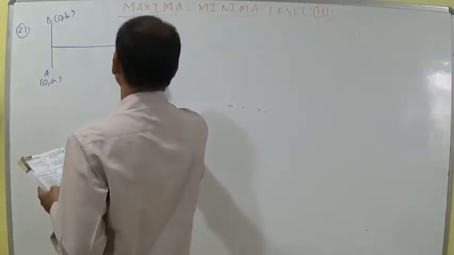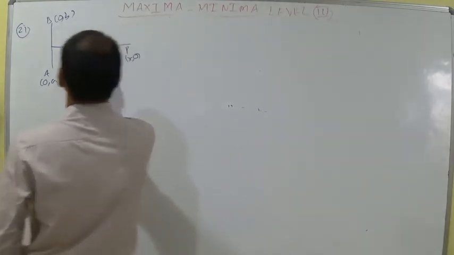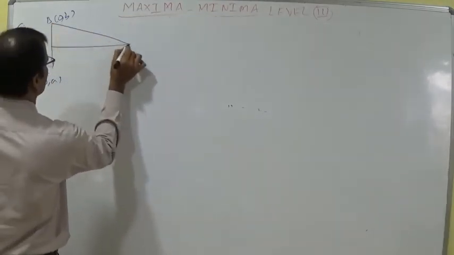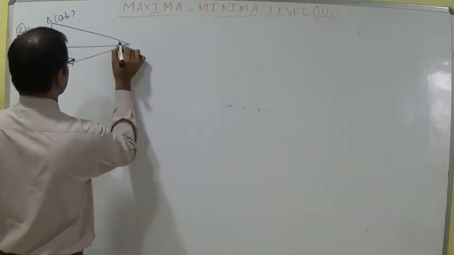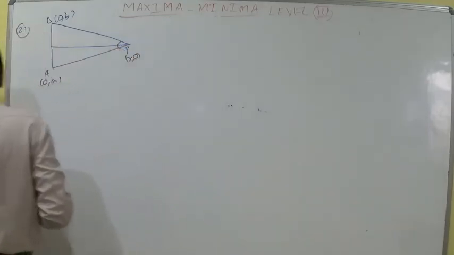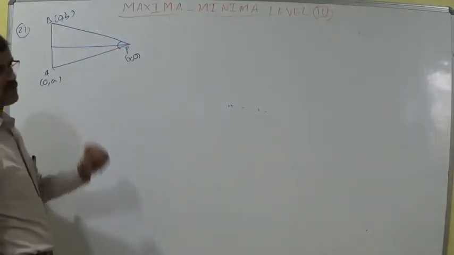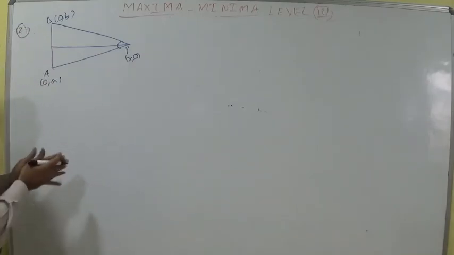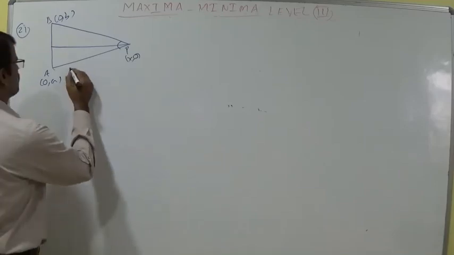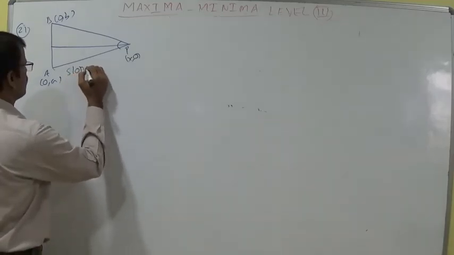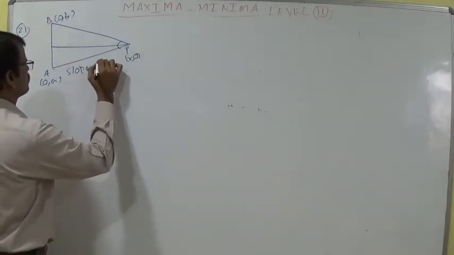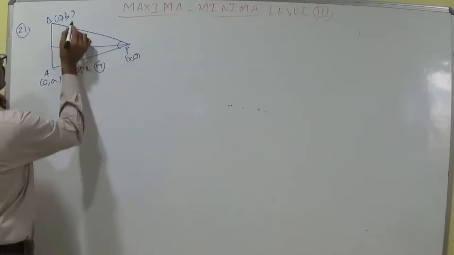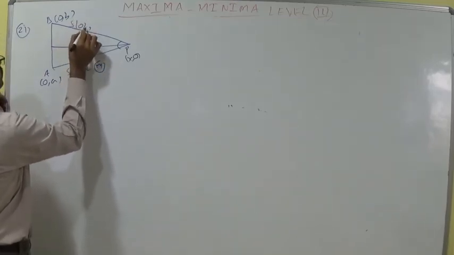Here you can write P (x, 0). Let the angle APB be maximum. Here this is theta, and this theta is maximum. Whenever theta is maximum, you should calculate the value and the condition. Here I am writing the slope m1 and the slope m2.